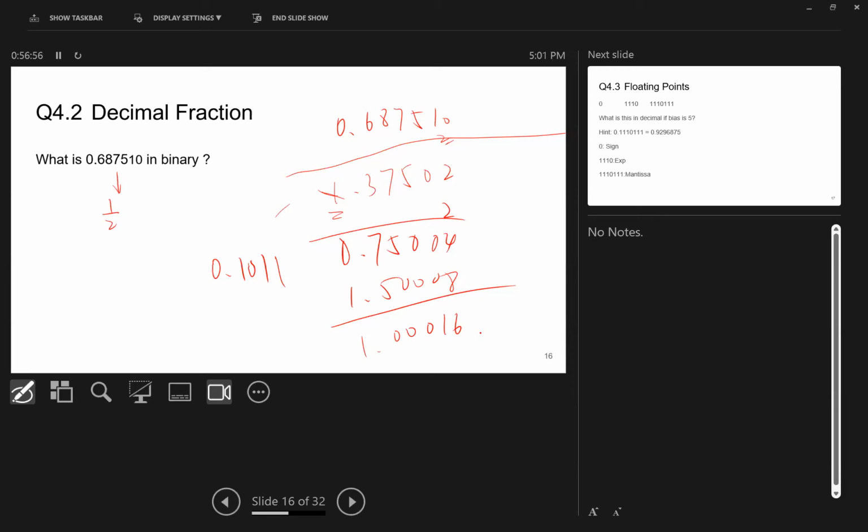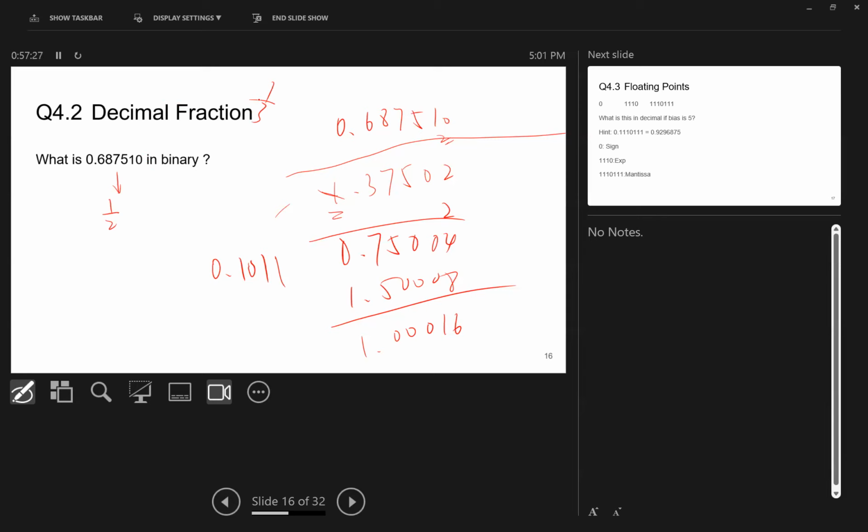So it means that for these decimal fractions, we will get circulating binary notations if we want to precisely represent this number in binary. And that's quite similar for decimal notations, right? Because if we want to represent 1/3 in decimal notations, we still need to use circulating decimal, right?